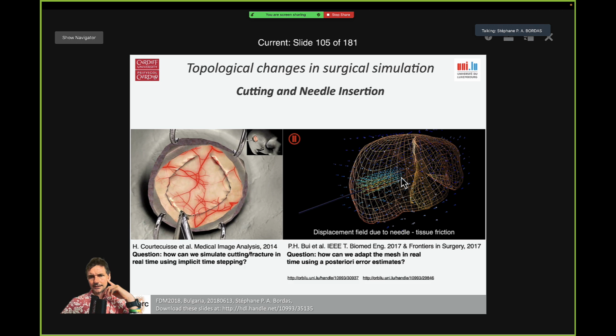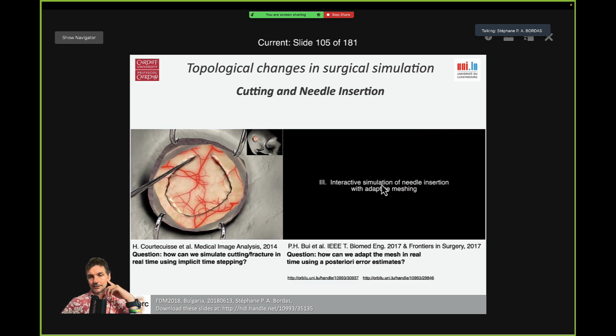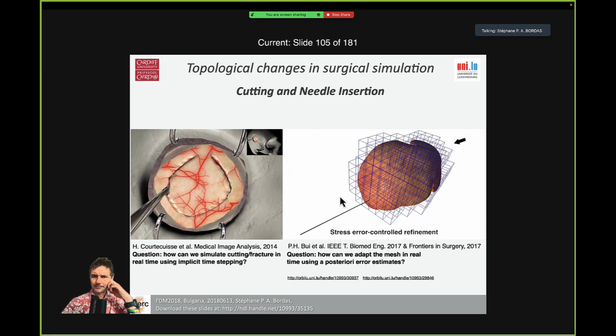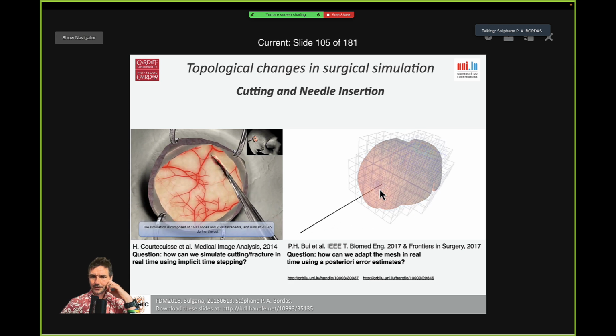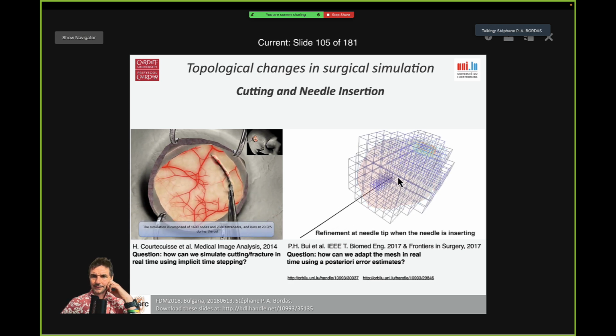then you see the needle is inserted, the mesh is refined, and as we retract the needle, the mesh is then unrefined, because the stresses are not varying that much anymore, right? So we insert the needle, puncture, the elements are refined along the needle path according to an error estimate.